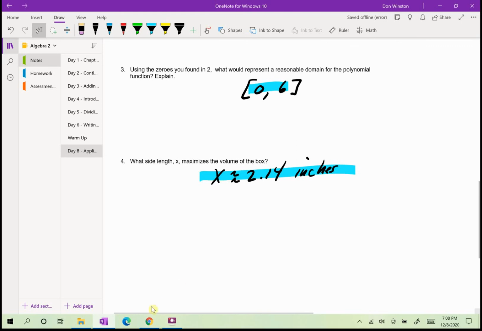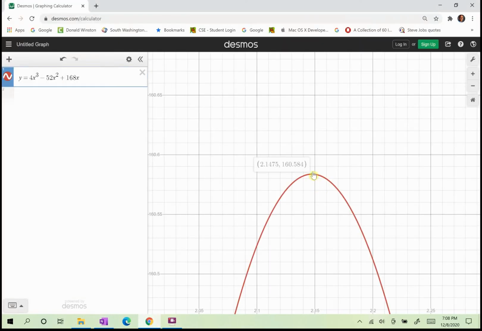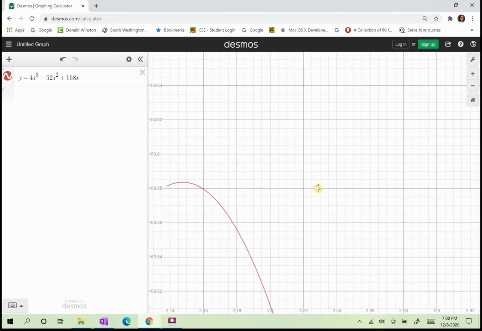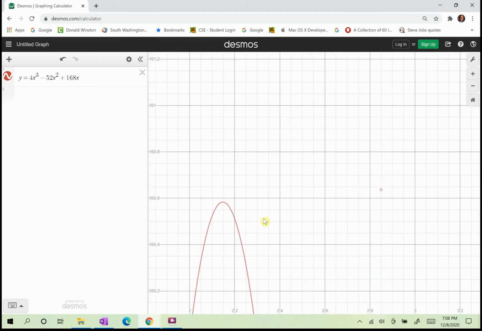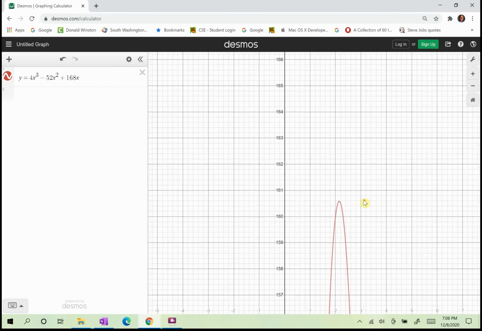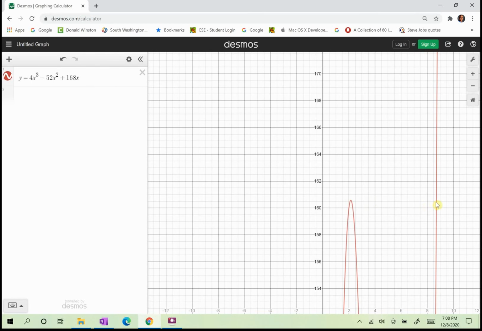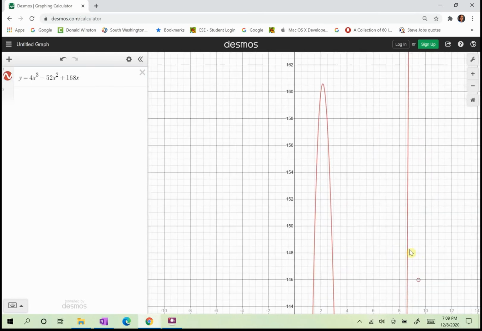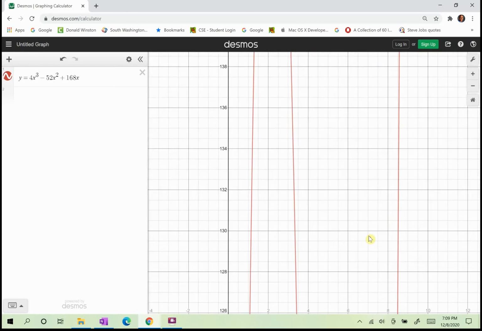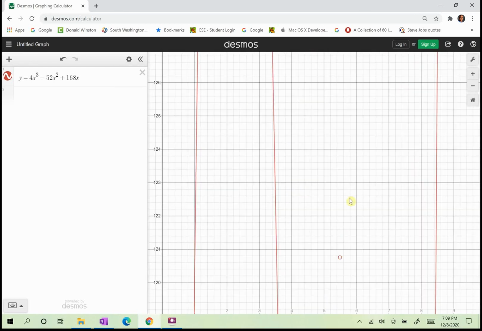Now, even though that was a local maximum, we can't consider points over here, because it keeps going up. We can't consider those points, because our reasonable domain only has to go from 0 to 6.